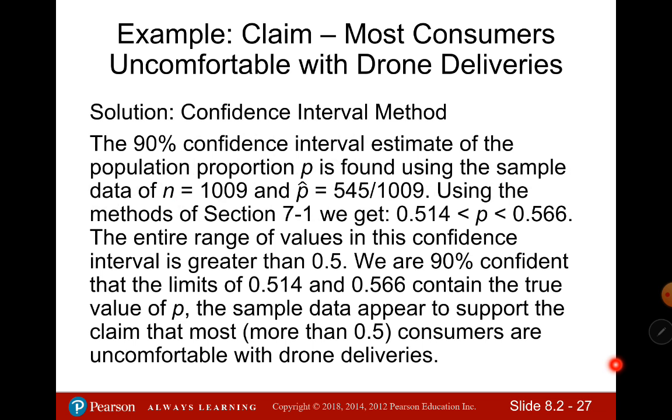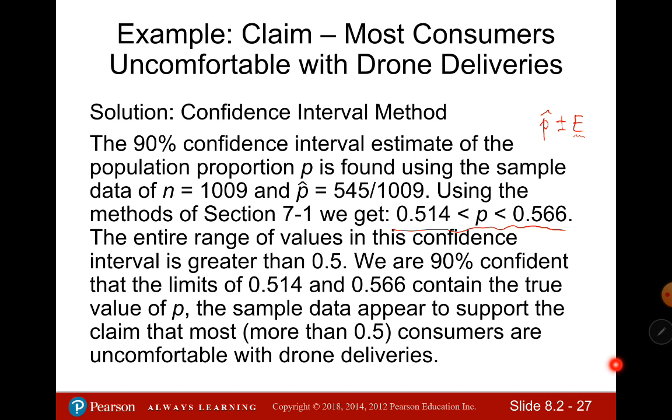Let's construct the 90% confidence interval. We already know how to construct a confidence interval for a proportion: the point estimate plus or minus the margin of error. We have the formula for the margin of error, so we just use the same procedure and we get this confidence interval.